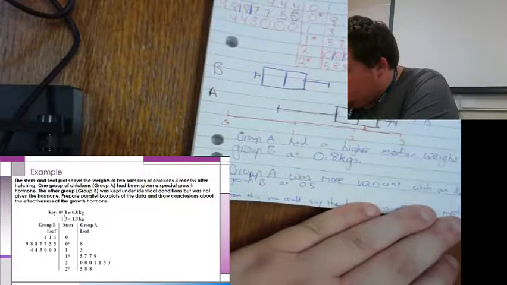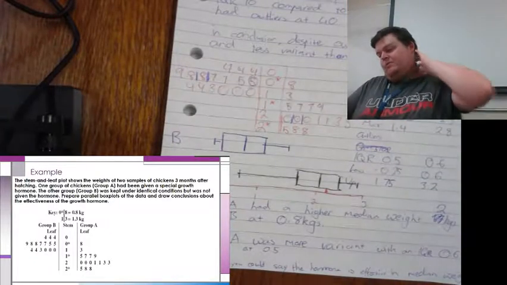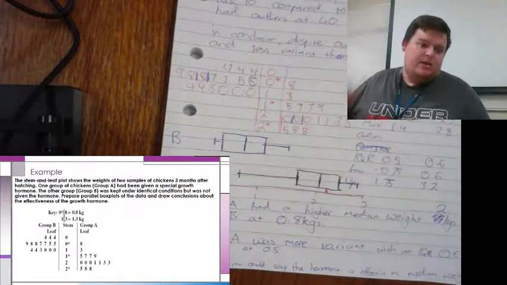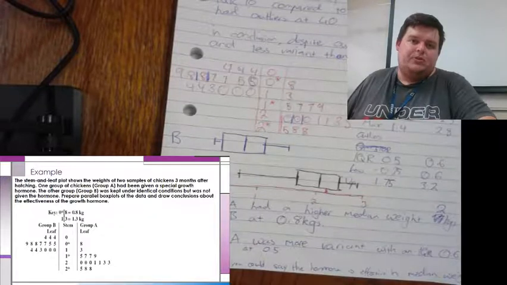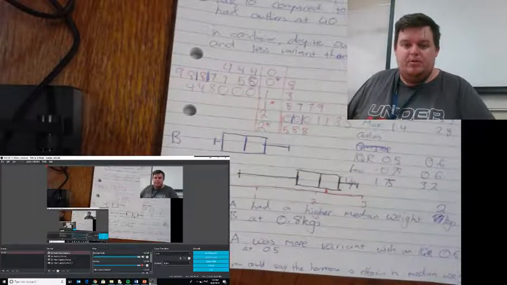Alright, so you'd say it is more effective. The average or the median value of the median weight of the chickens is higher, but it's also, there's more variance to that. Alright, so I'm going to stop the video there so you don't have to listen to me anymore. Take it easy.